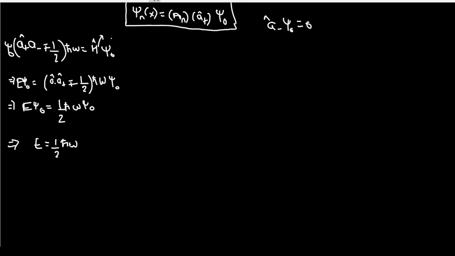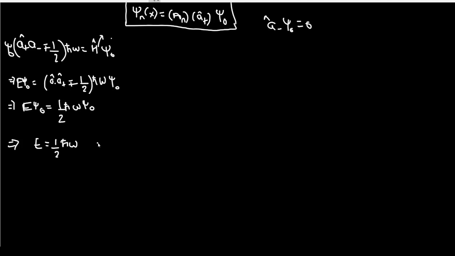But remember, we derived the energy for the ground state. What about different values of n? How can we find the energy for them? Because this is the energy only for the ground state, but where is the energy for the other states?